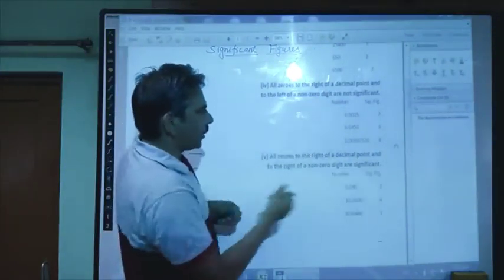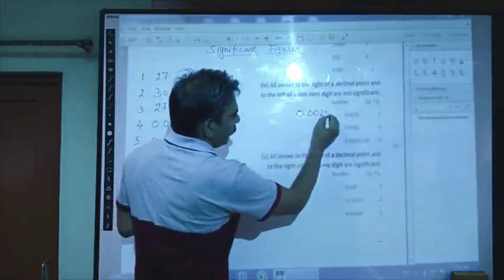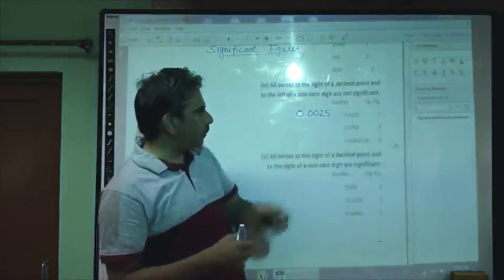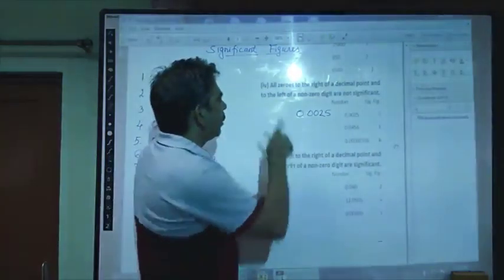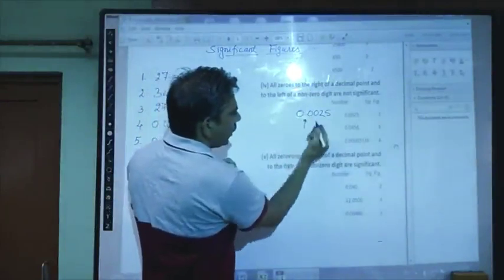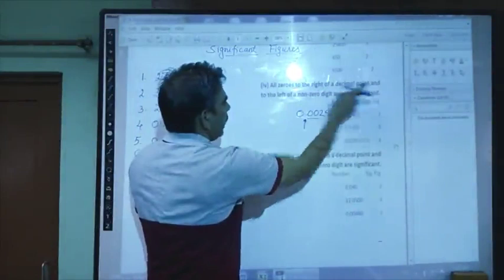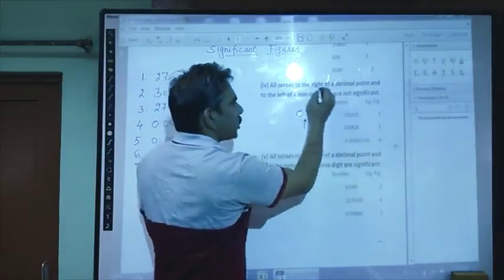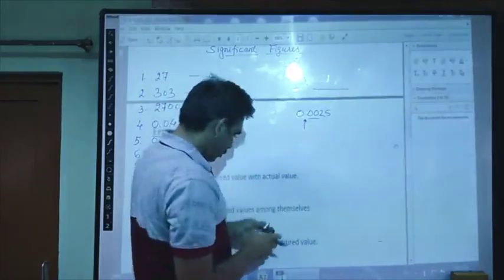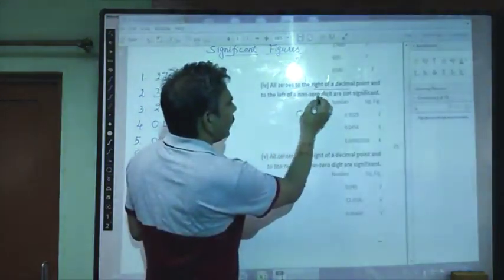A few examples are here. So we have this number 0.0025. In this number, all zeros are to the right of the decimal point. Here is the decimal point, and on the right, these are the zeros, and these zeros must be after the decimal point and to the left of a non-zero digit.